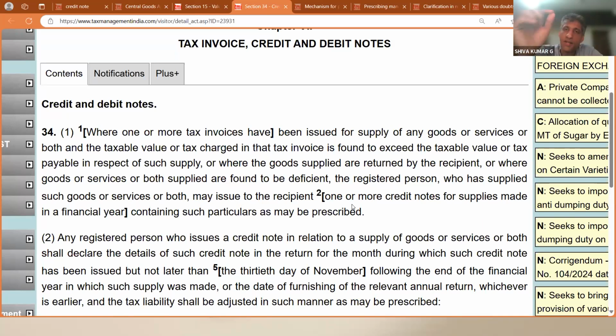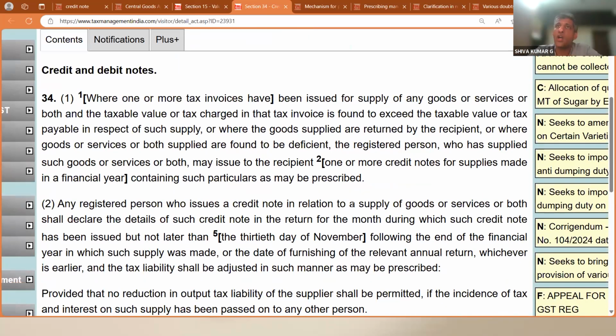There is no requirement under Section 34 that you can issue a credit note only if the buyer reverses the credit. Even the circular which the department has issued has very clearly, strangely, restricted itself only to credit notes emanating from post-supply discounts or secondary discounts. It did not sweepingly say, which I'm very surprised they did not do, that for all credit notes the supplier has to prove that his buyer has reversed the credit. They never said it. So the circular is applicable only to credit notes issued because of post-supply discount.